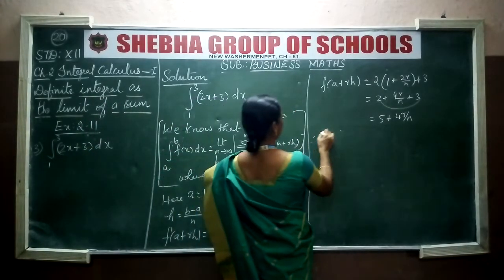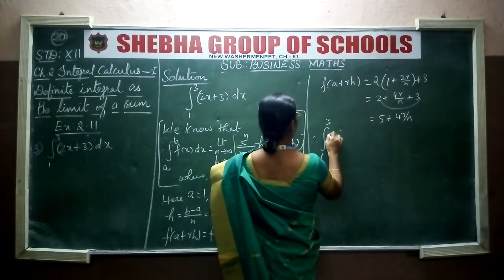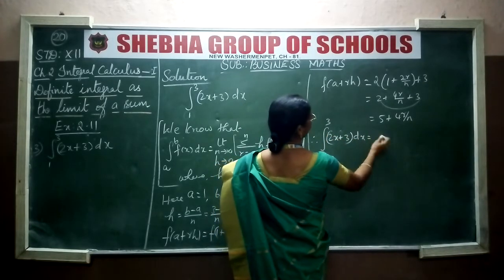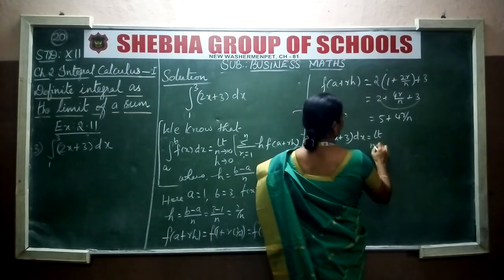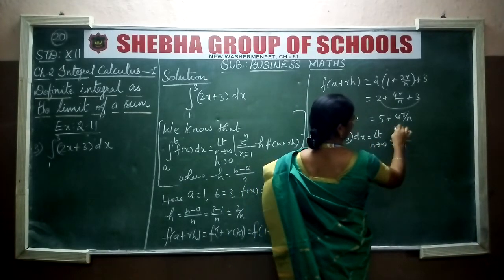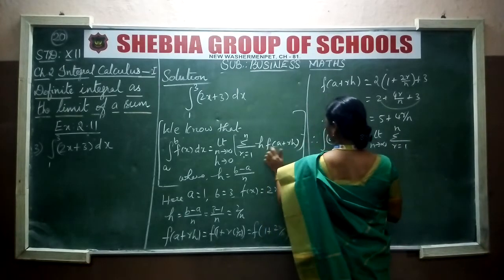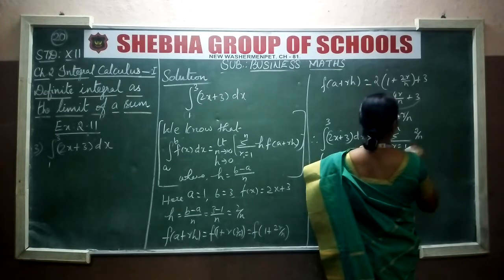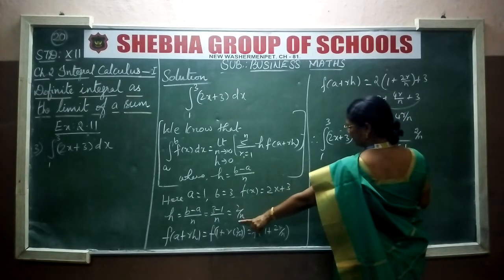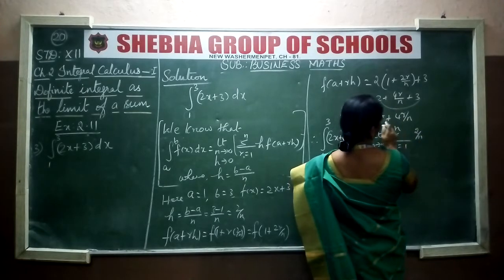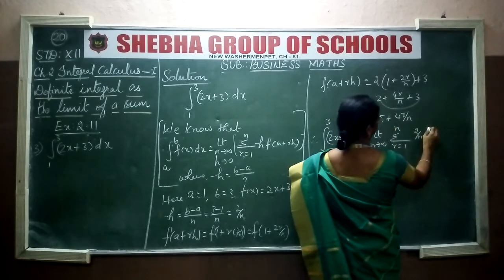Therefore integral 1 to 3 of 2x plus 3 into dx is equal to limit n tends to infinity, sigma r equal to 1 to n, h into f of a plus rh. Here h is 2 by n, and f of a plus rh is 5 plus 4r by n.